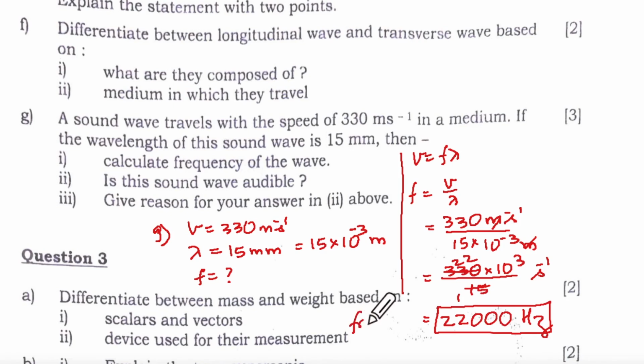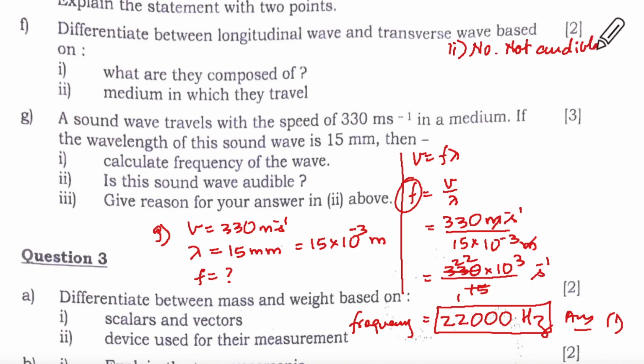Okay, and write over the frequency. When you write the answer, it should not have only one word equal to this. Okay, so answer 1. Now, is this wave audible? Tell me. 20 to 20,000 hertz. Is it audible? No, guys, it is not audible. Okay. And then the third one, they say, give the reason.